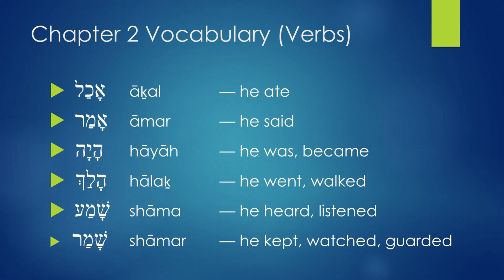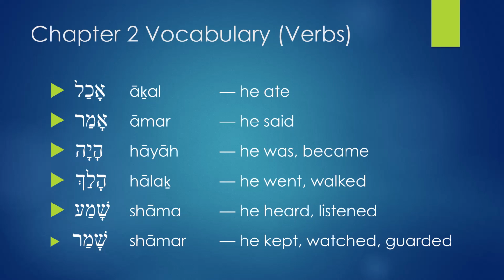Next we come to verbs, and the first one we have is achal. Notice I'm pronouncing it as achal, not akal. There's a difference. It's as if you're pronouncing chet, but it's a kaf. Why? Because kaf is a begad kefat letter, and in this case it's not having the dot, the dagesh.